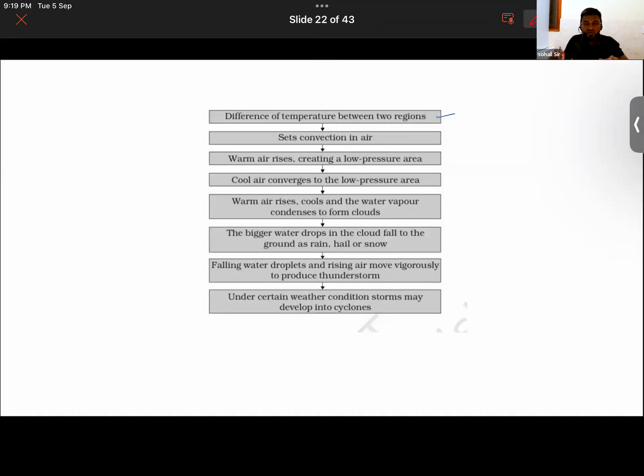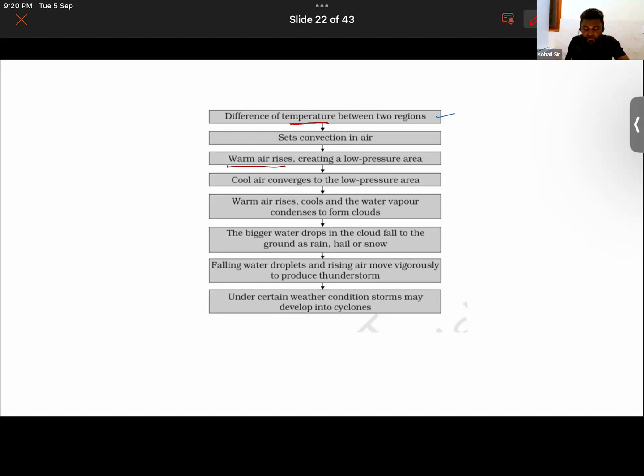So the first process in the formation of cyclone is the temperature difference. All right. This temperature difference will set convection currents in the air. You guys know what convection currents are from the topic of sea and land breeze. You guys have studied about convection. Yeah.